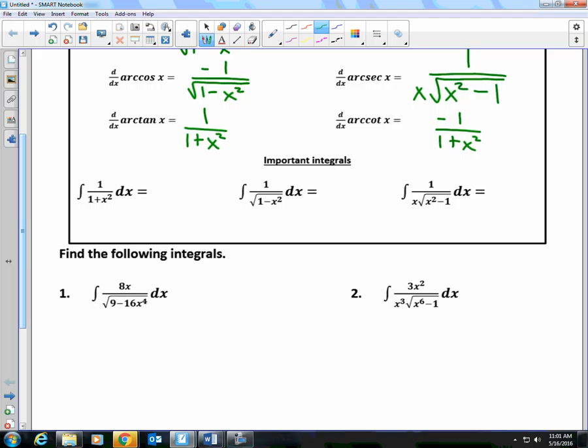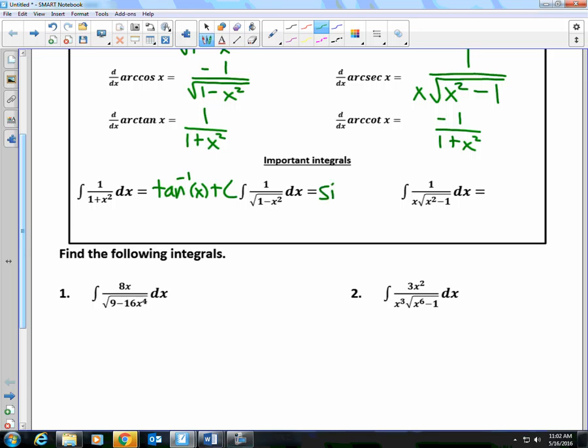So what is the antiderivative of 1 over 1 plus x squared? Arctan. So I'll write it as, as Allison said, tangent inverse of x plus c. What is the integral of 1 over square root of 1 minus x squared?